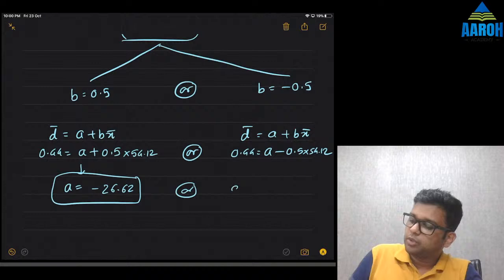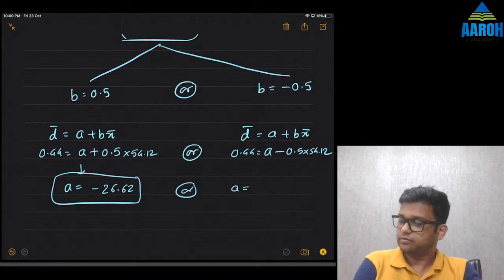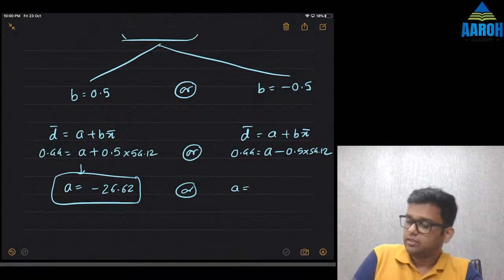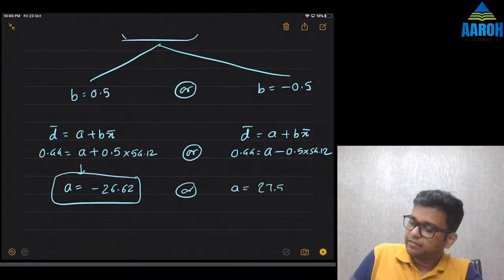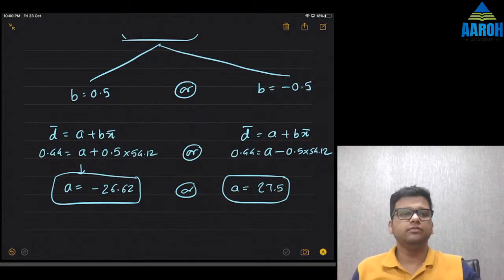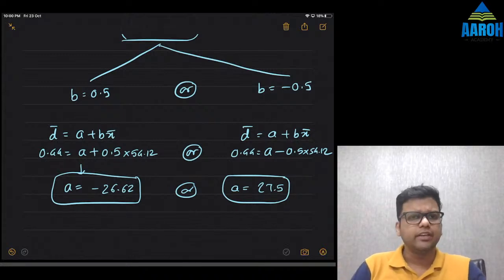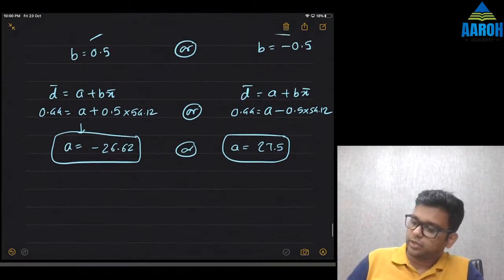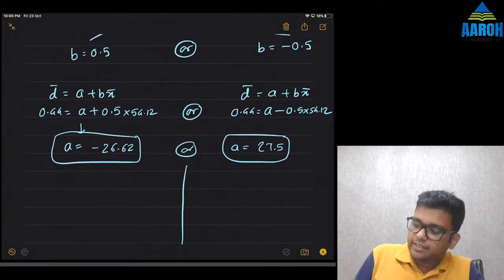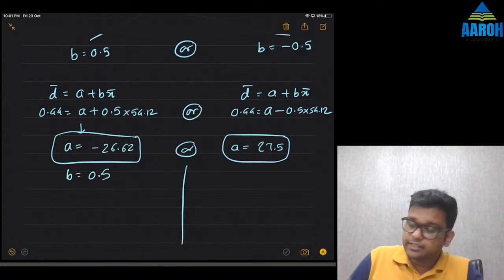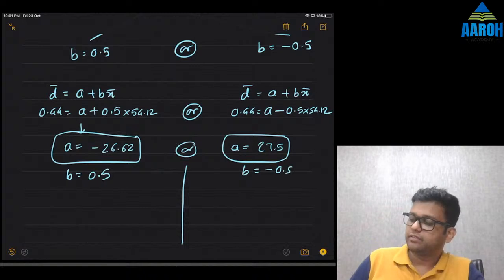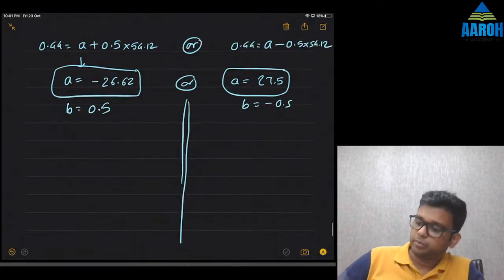Or in the second possibility, a will be 27.5. Check whether everyone has got this a. So in the first case, a is this and b is 0.5, or in the second case, a is this and b is minus 0.5. We have to consider both of the options now.